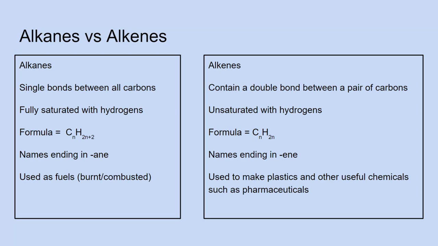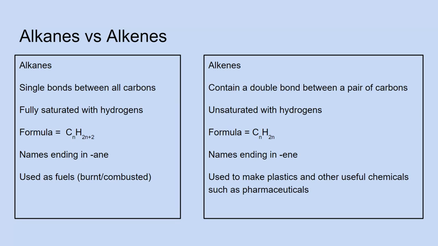So if we have 2 carbons, for example, we need to double it and add 2. So if we had C2, we would have H6. All our alkane names ended in ane, so they were alkanes. And the vast majority of our alkanes were used as fuels, so we burnt or combusted them. Okay, they were oxidized.